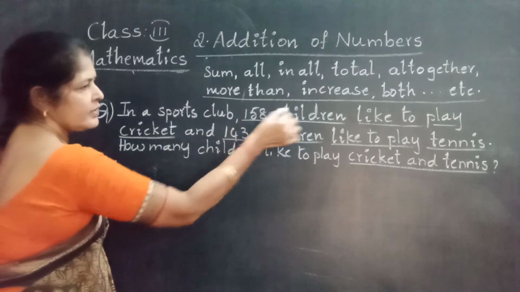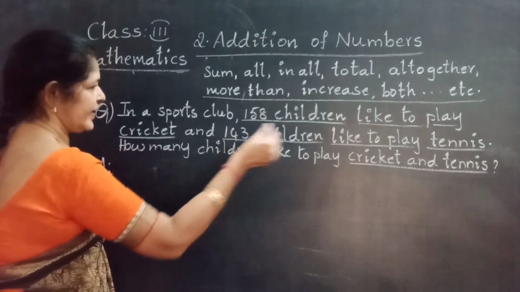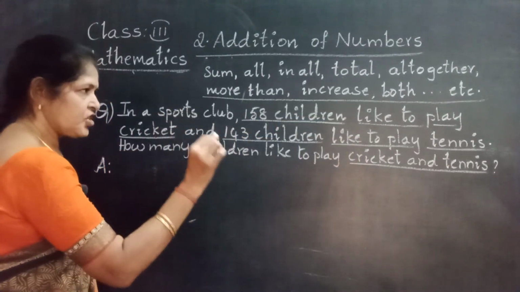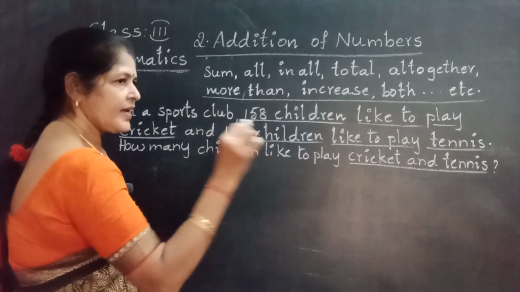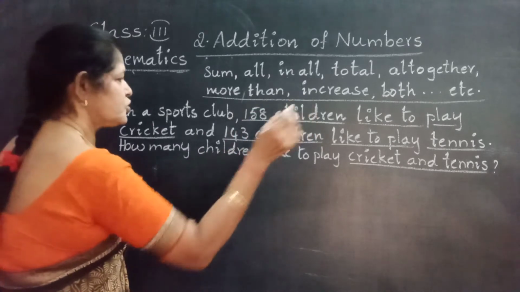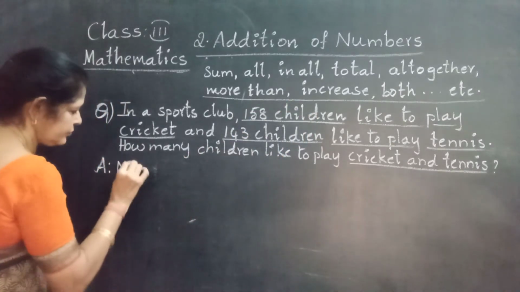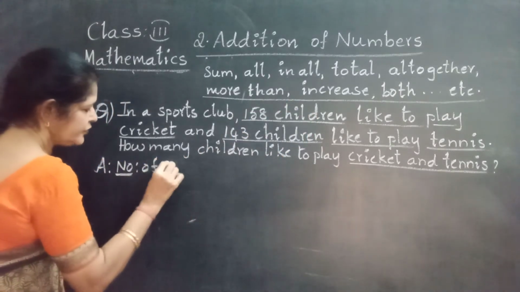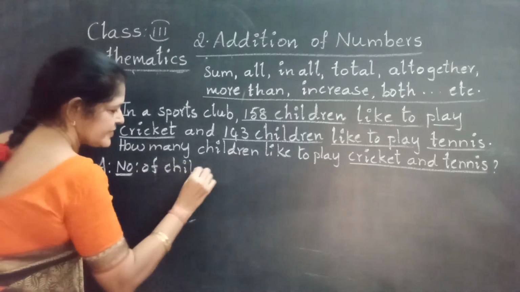First one, children like to play cricket. That means number of children like to play cricket. Same words.